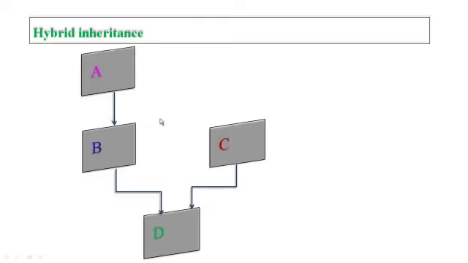The combination of two or more forms of inheritance is known as hybrid inheritance.